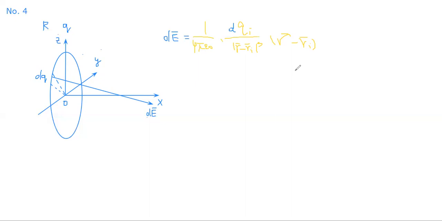But it is necessary to make some changes. First of all, it is better to use the distance from dq to the point where we want to calculate the electric field. So we can set r_i as 0, and we can also use scalar form.